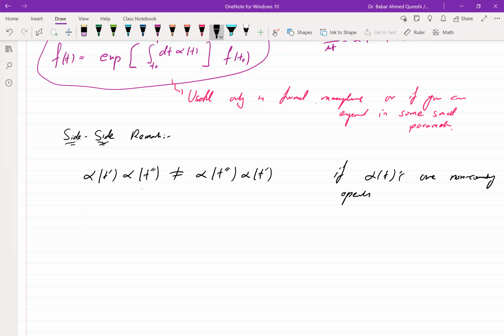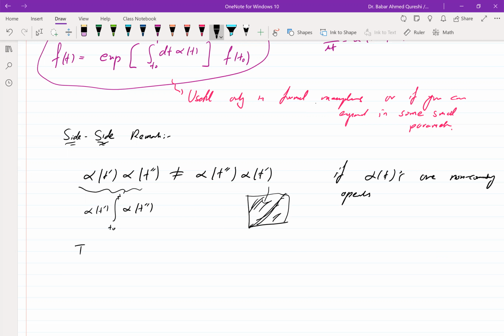And what you have in the original equation, you have this ordering, because you had put in alpha of t' first and then the nested integral and alpha of t'' coming again. You will be able to remove this nested integral by including this other strip. But how will you be able to do it?